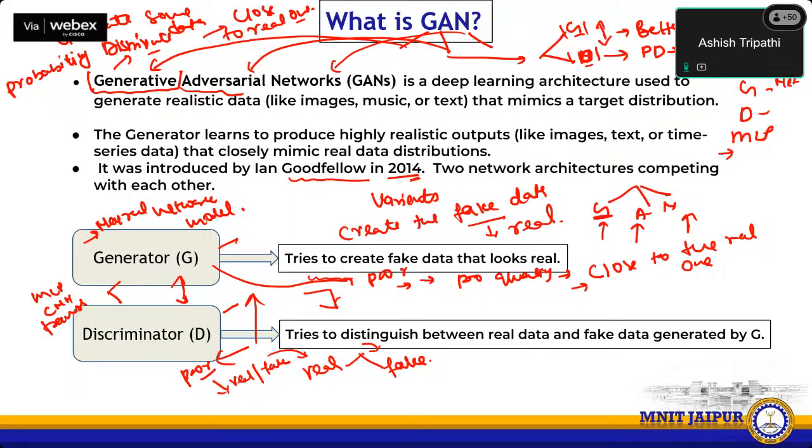The generator should attempt to fool the discriminator, and the discriminator should try to discriminate between the real and fake images as well as possible. I will explain this in more detail in the upcoming slides, how to do this and how we are going to perform such training.